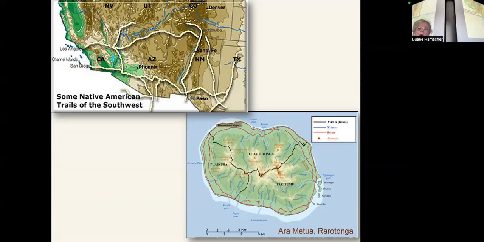The Native American trails of the Southwest, the Pueblo are probably the culture outside Australia that have been hugely beneficial to my research, and their astronomy is extraordinary. And now I'm working with Tlingit, Haida and Tsimshian in Southeast Alaska. The ceremonial roads in the Pacific.